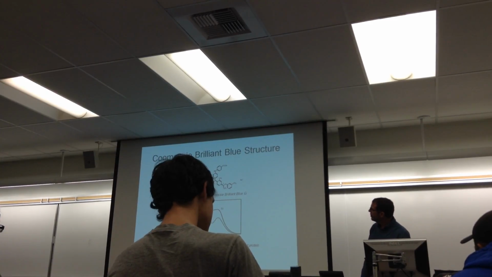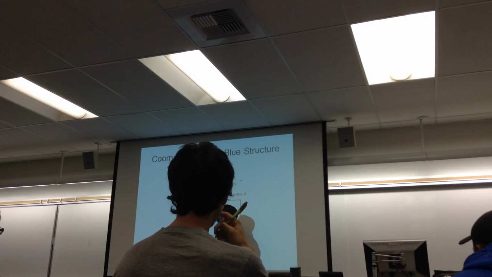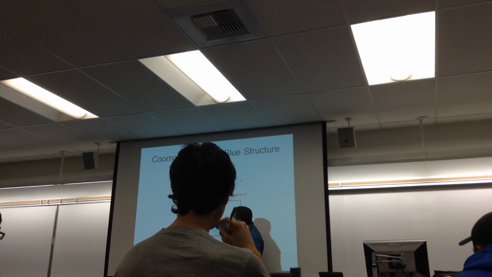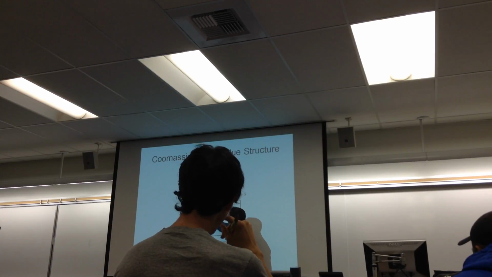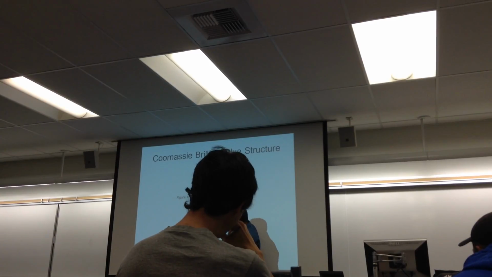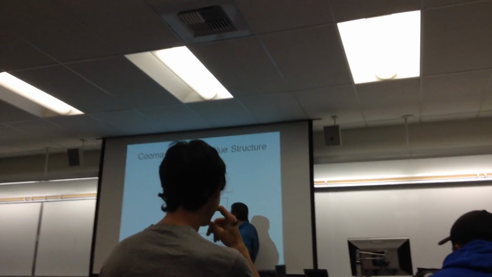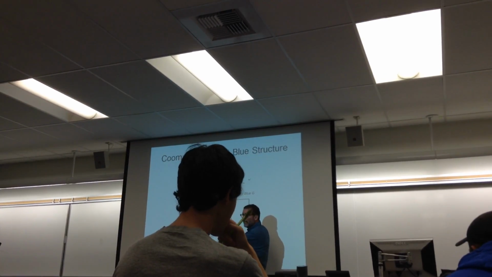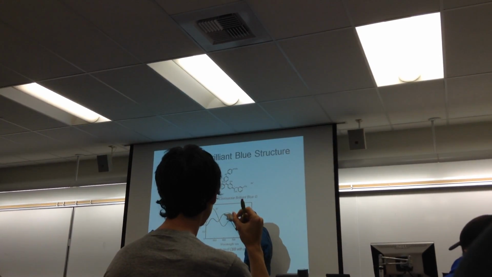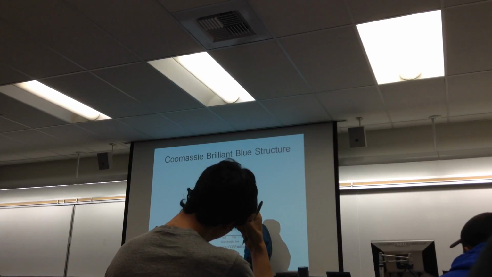So, again, here's the structure of Coomassie blue. And then, when Coomassie blue is unbound to protein, it has this peak here at the maximum around 500, and then it dips down at about 595, and then it comes back up. However, when it binds the protein, it shifts, and so you end up getting greatly increased absorption at 595 nanometers.